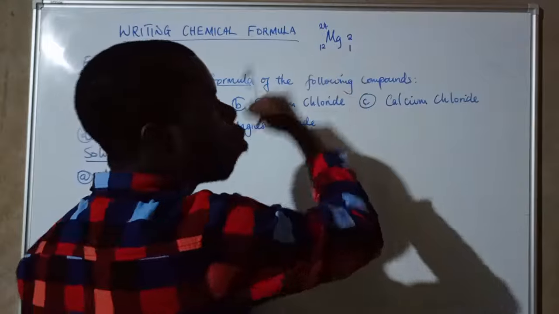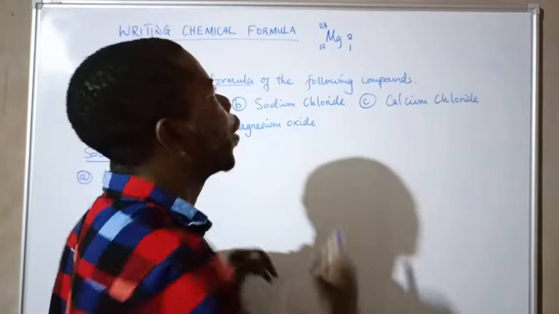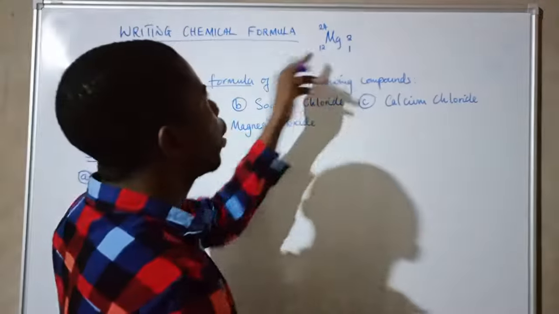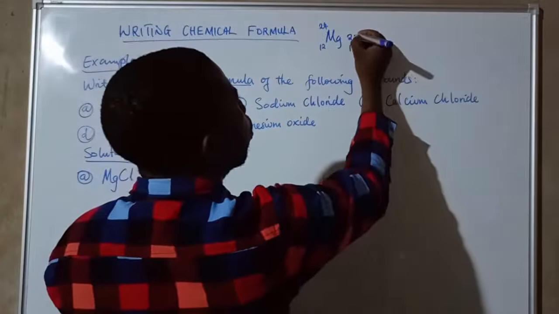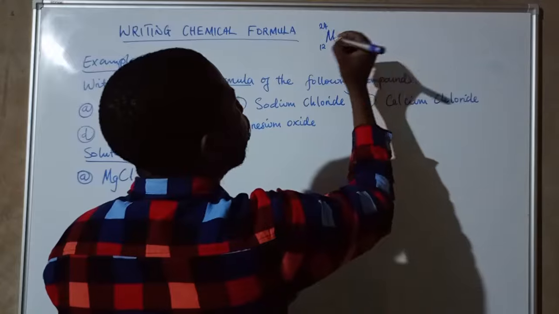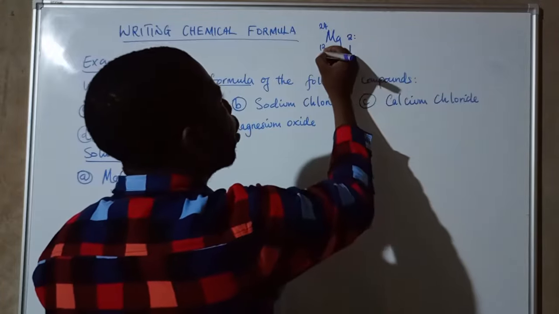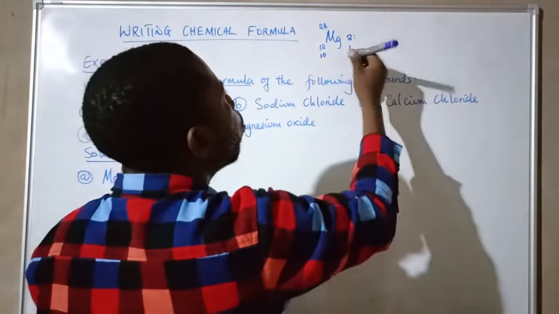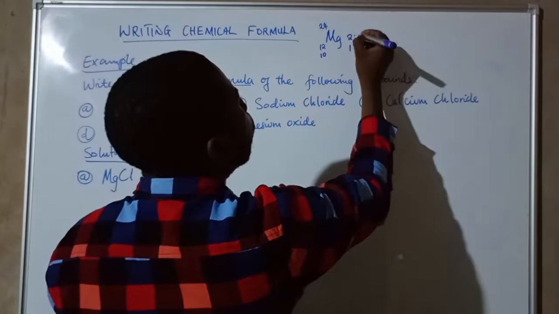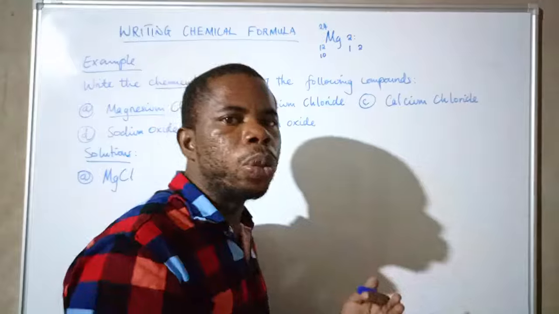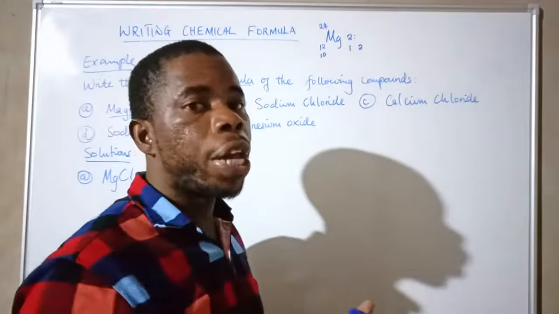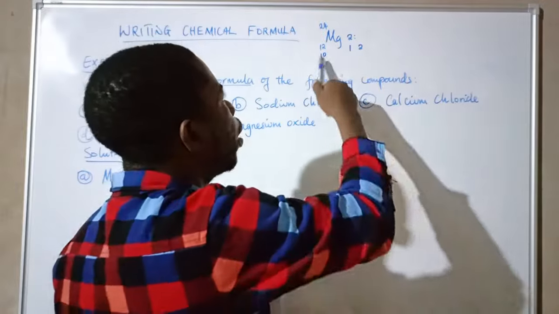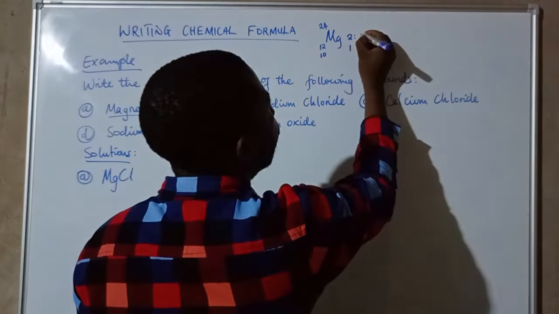Now, if you have 12 electrons in magnesium, you get 2, they sit in the first shell. You remain with what? 10. Now, out of that 10 electrons, those are supposed to go in shell number 2. Shell number 2, according to the rule, is supposed to have 8 electrons to be stable. So from 10, you get 8, you put in shell number 2.